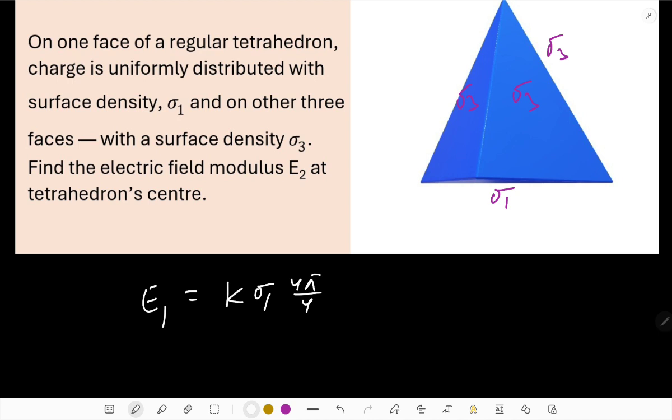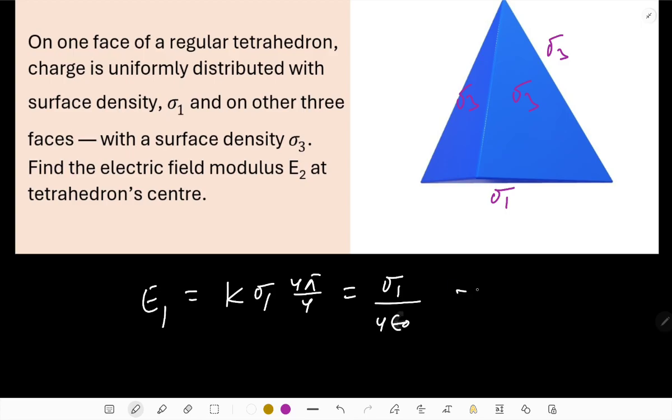If I put the value of k as 1 by 4 pi epsilon naught, then this result will simply be sigma 1 by 4 epsilon naught. Yeah, this is the result.